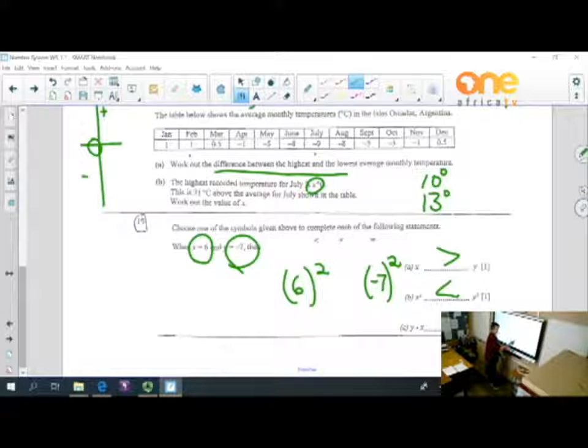You shouldn't get -49, +49. And then the last one, y minus x, so -7 minus 6 is -13, and 6 minus -7 is +13. So this is again less than there.